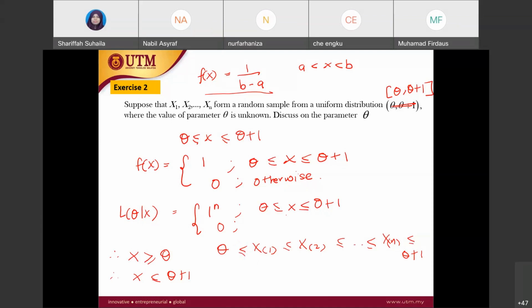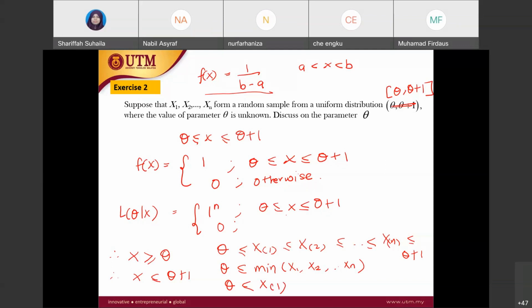So our value of theta hat is the minimum ordered statistic, which is your theta, the min of x1, x2, xn, which is your theta less than or equals to first ordered statistic.